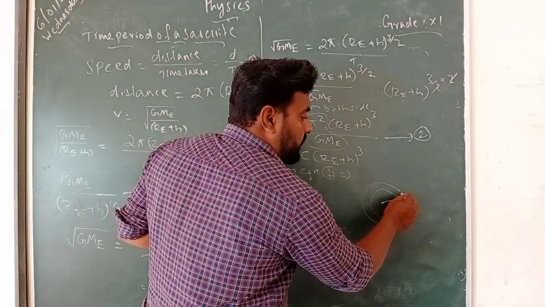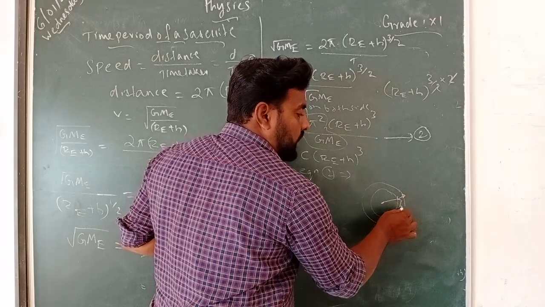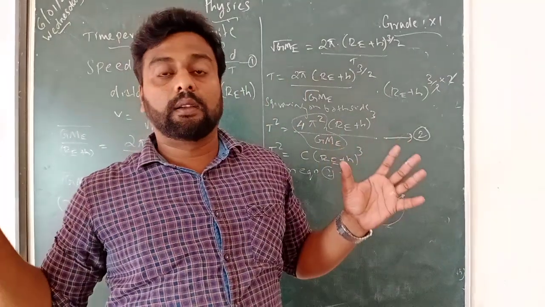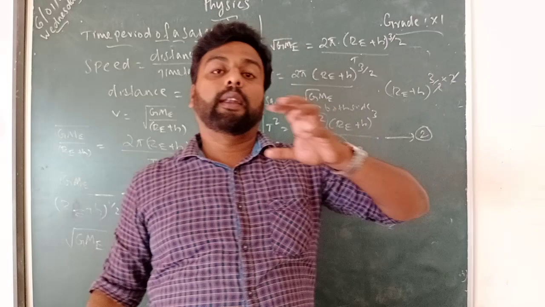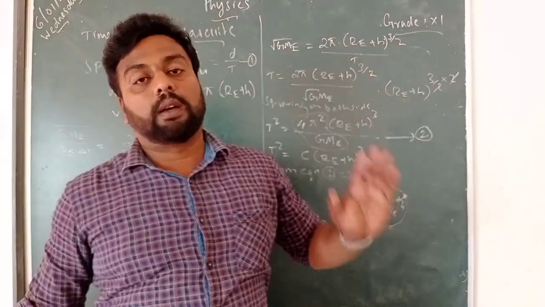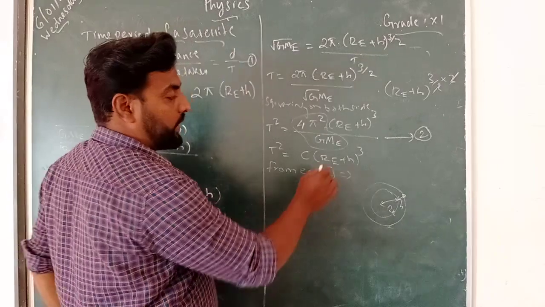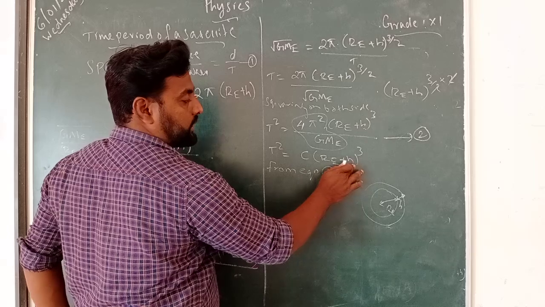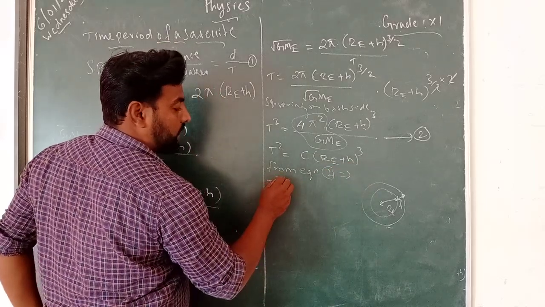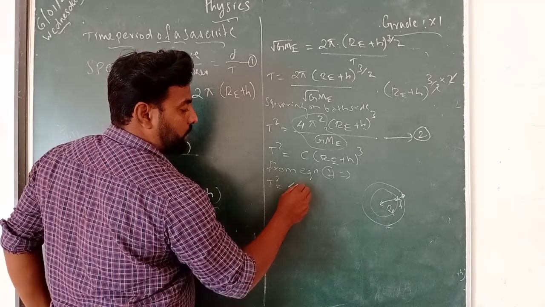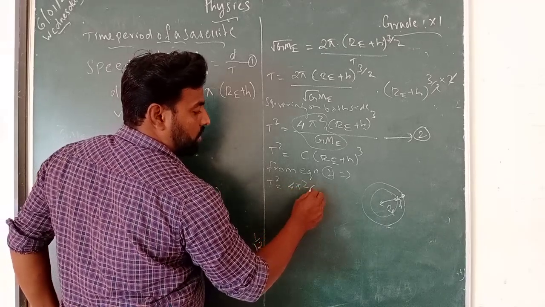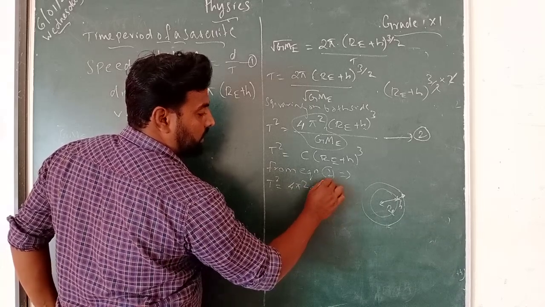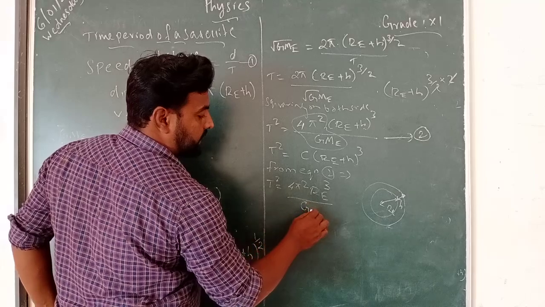So we can neglect the height of the satellite from the earth surface. Just neglect this h from this equation and write: T square equal to 4 pi square into R_e the whole cube by GM_e.